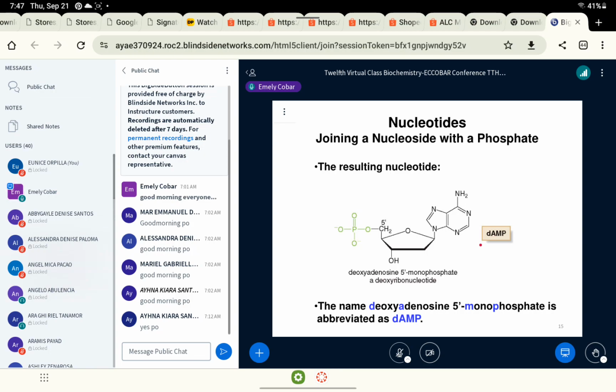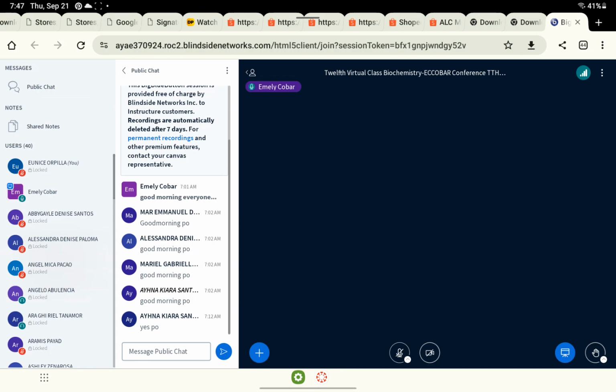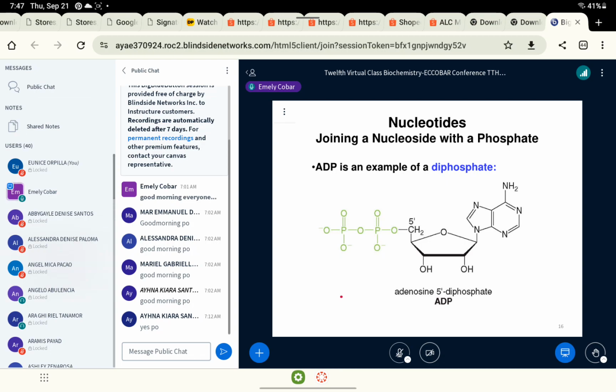These abbreviations, we'll see them more pag nandun na tayo sa last two modules, bioenergetics and metabolism. Okay? Next. And so, if another phosphate group is added to the 5 prime carbon, so you have now two phosphate groups attached to this, then this is now a diphosphate. ADP, familiar na, di ba? Because if you add another phosphate group, we have three phosphate groups, that's ATP.